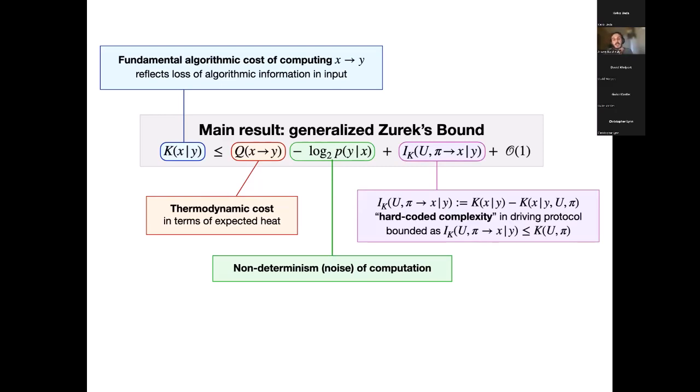So this is something called the algorithmic mutual information between the process and the input conditioned on the output. And the algorithmic mutual information is defined exactly as mutual information is defined in Shannon's theory. It's basically the conditional information, the information without something and the information when something else is provided.